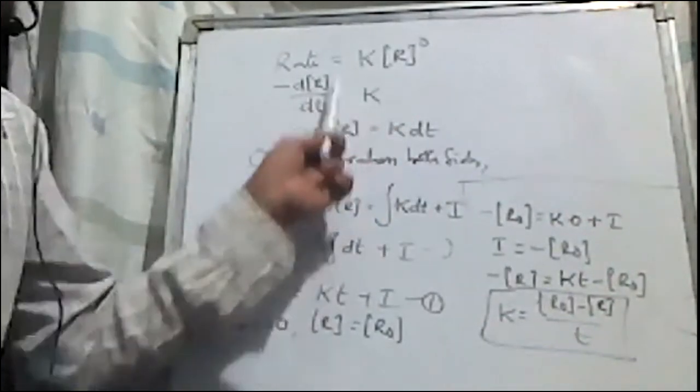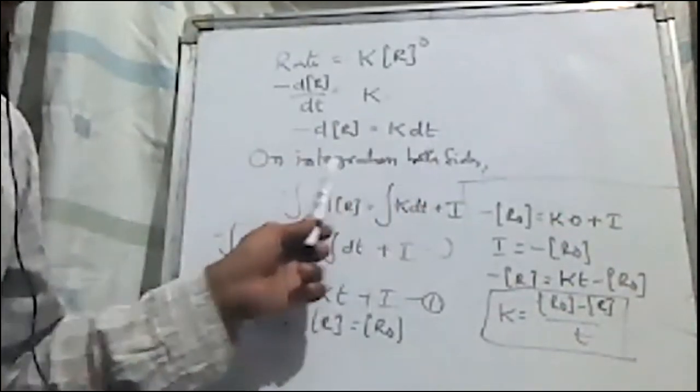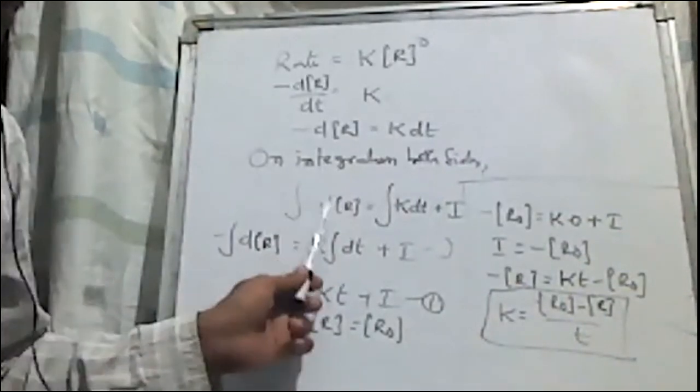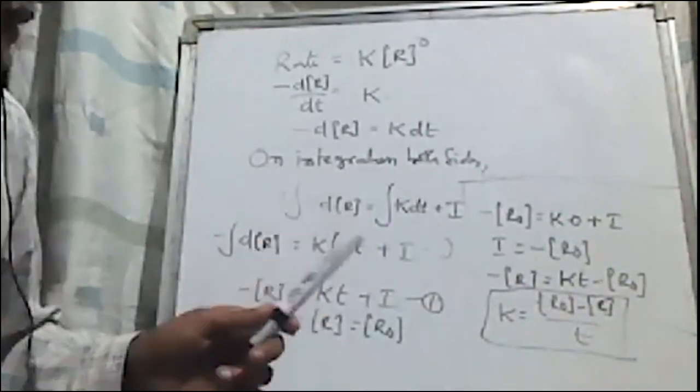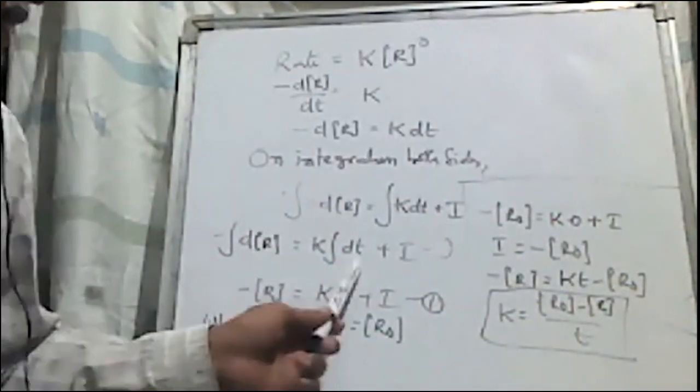Here k is called the zero order rate constant. I have rearranged the terms and integrated. We know that integral dx is equal to x. That's why integral minus dR is equal to k dt plus I, so R is equal to kt plus I.